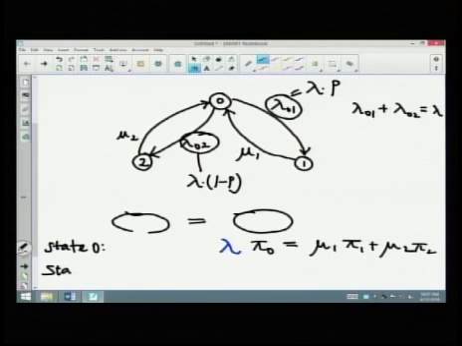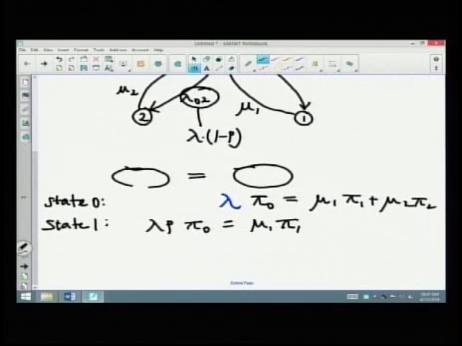What about state 1? That's going to be lambda p pi 0 equals mu1 pi 1.